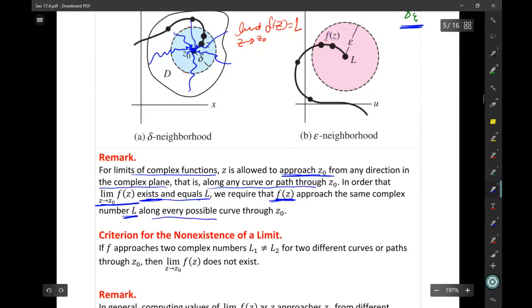I mean, along every possible curve through z naught. Whatever path you take to approach z naught, f of z should approach the number L. In this case, I can guarantee it.